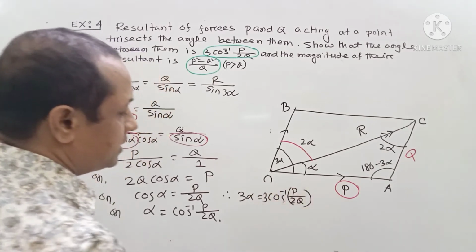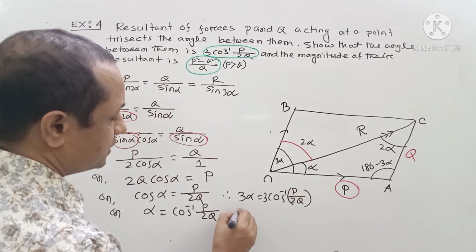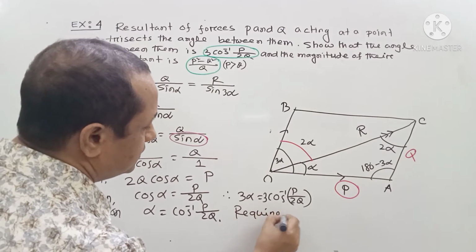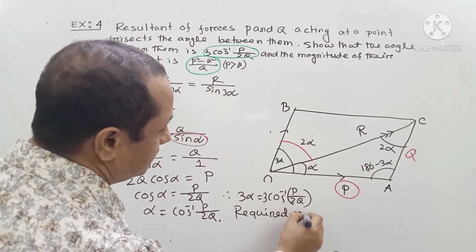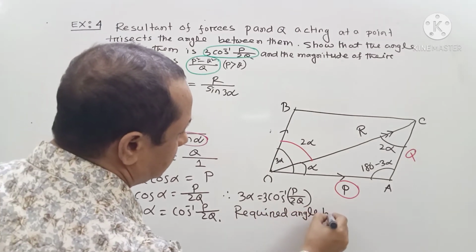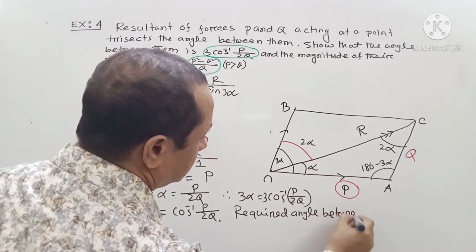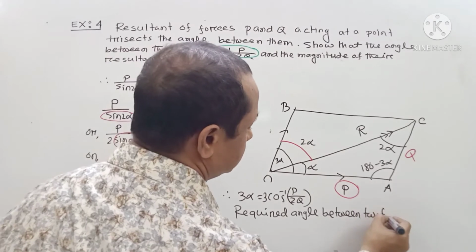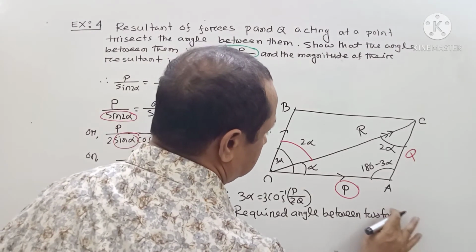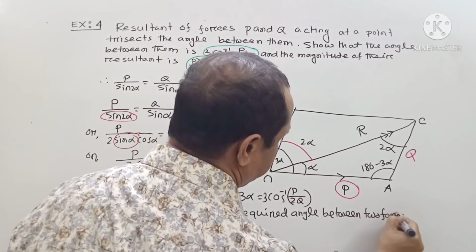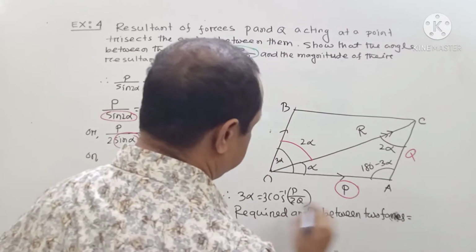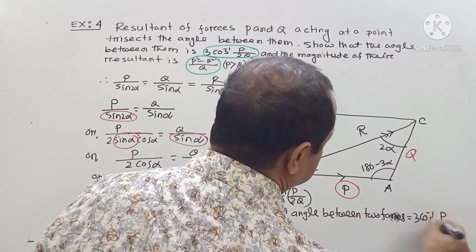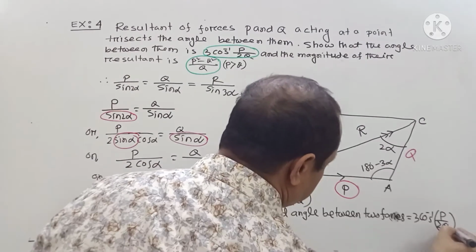So students, record: the angle between the two forces is 3 cos inverse P by 2Q.